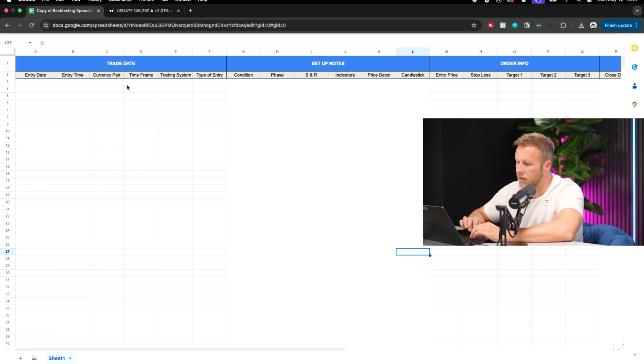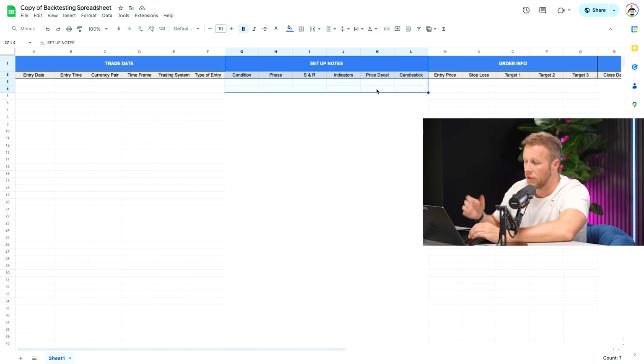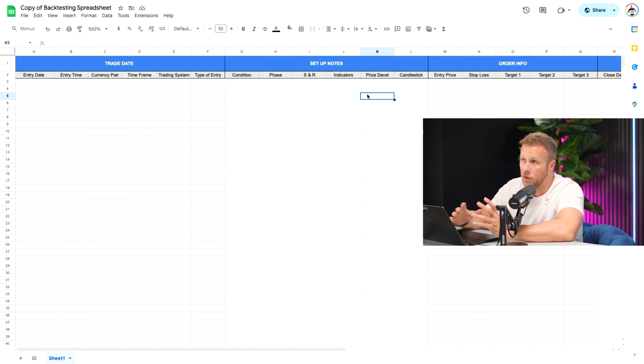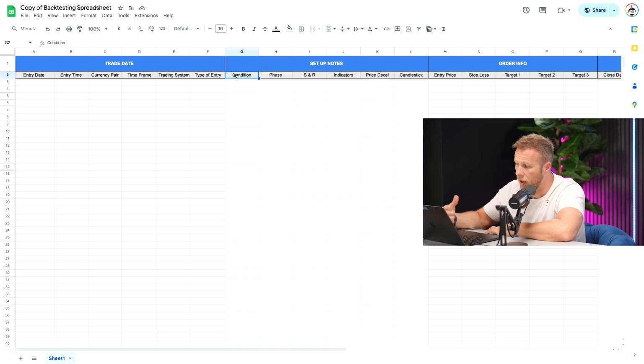So for this example, we're going to bring up a spreadsheet. In the spreadsheet, first of all, I'm going to have my entry date, my entry time, what pair I'm trading, the time frame I'm trading, the trading system, and the type of entry. This stuff is going to be discretionary to you as a trader. So you could have the condition, which would be, are we in a bullish or bearish market?